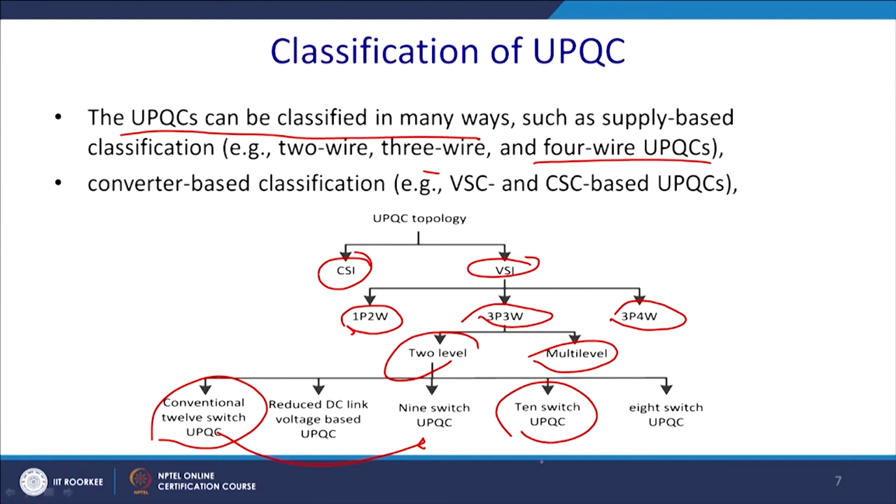That is the reported topology, and the 10 switch topology is the same thing. These are the reduced switch topologies; ultimately it shares the part of the current and voltage. So, one leg or something is common for both, so that it reduces the number of switches.